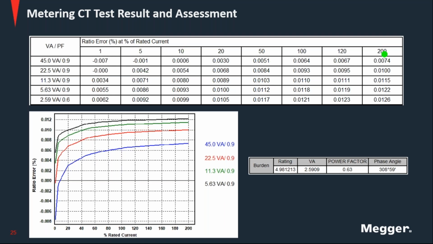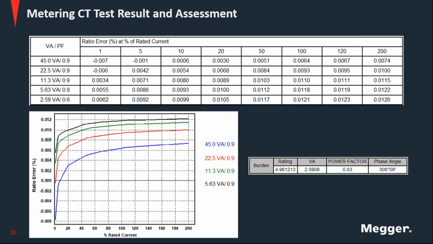So at 200%, at 100%, and in the case that you have a burden of 45 VA connected to those terminals. All of these are situations with different loading conditions. And if we remember the burden result, I brought it here as well, 2.59, we can see that the actual burden is being used to evaluate the instrument transformer.